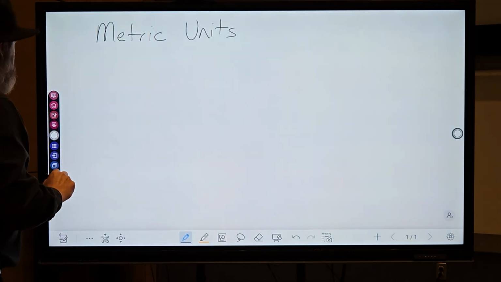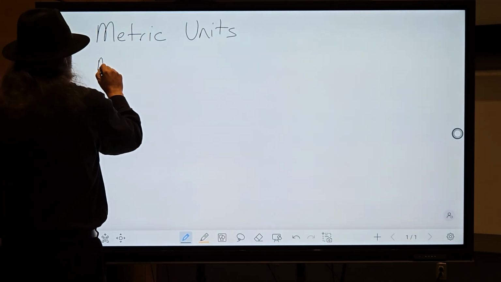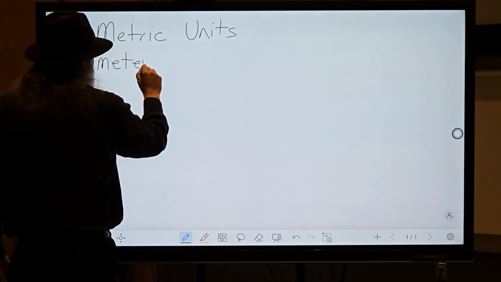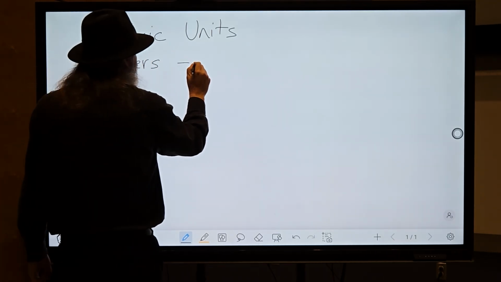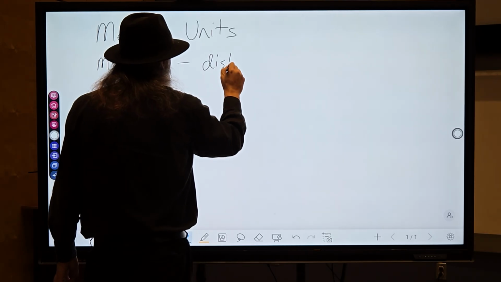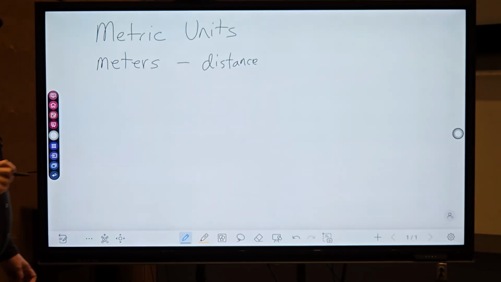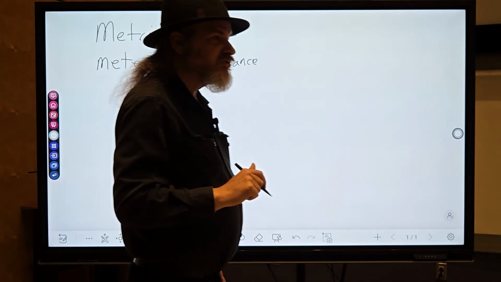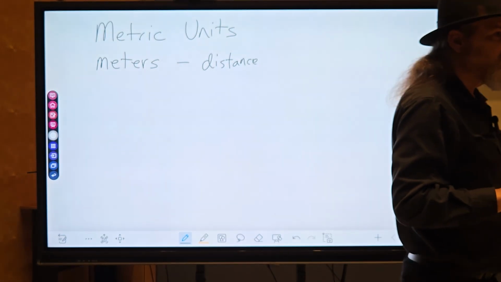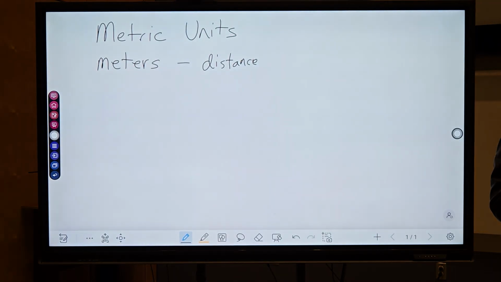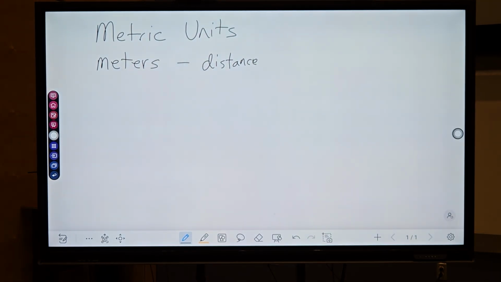Start with the basic. Meters for distance. I believe the definition of a meter is something along the lines of 2.99 times 10 to the 8th power of the distance that light travels in 1 second in a vacuum, or something like that.